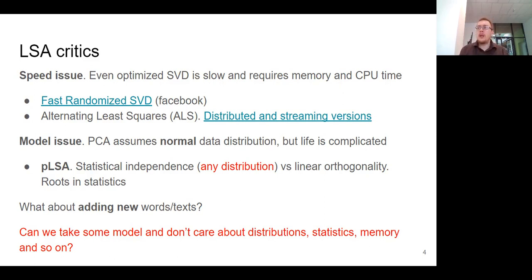And we just say, let's take some complex thing and plug in the data and get the result from there without even worrying about what's the nature. Let's bring some nonlinearity into this thing. Let's make it complex and let the model decide what the distribution is, how to work in case we get a new word or a new text.